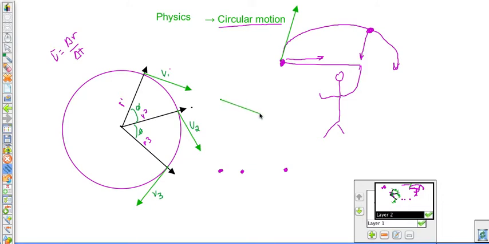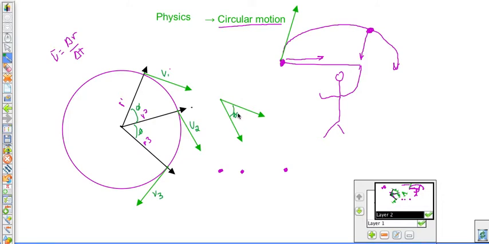So let's say I've got that one right there, that's my V1, and my V2, so there's my V2 right there. Now, what about this triangle right here, and this angle right here?